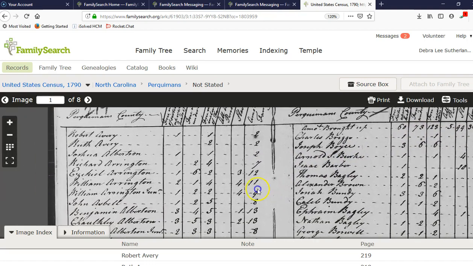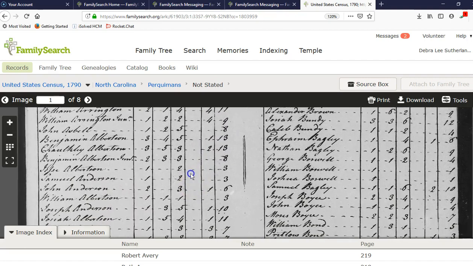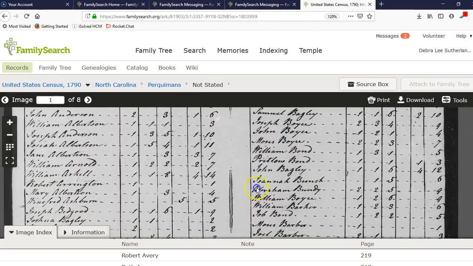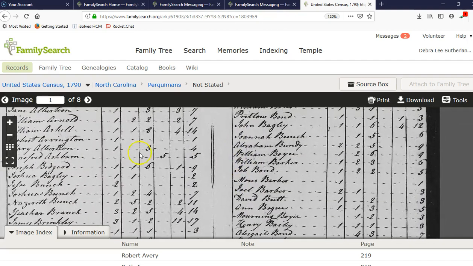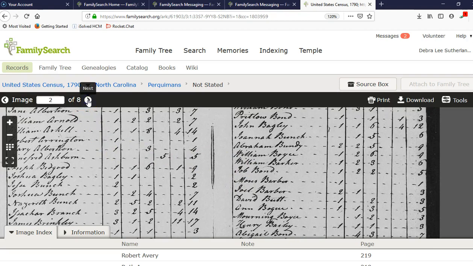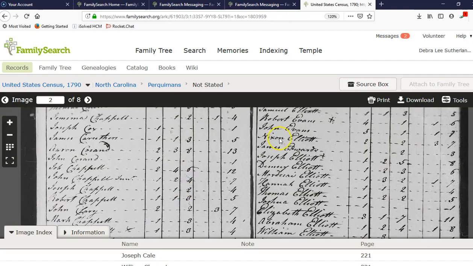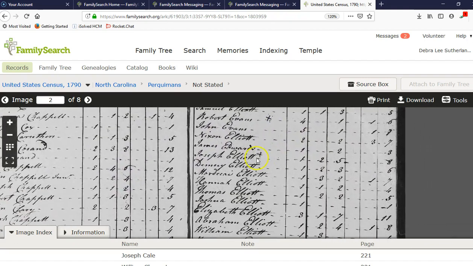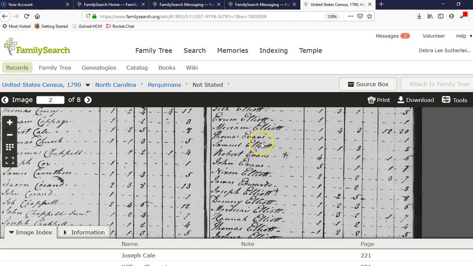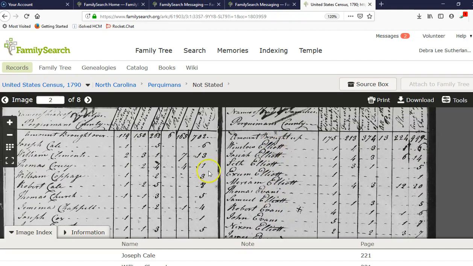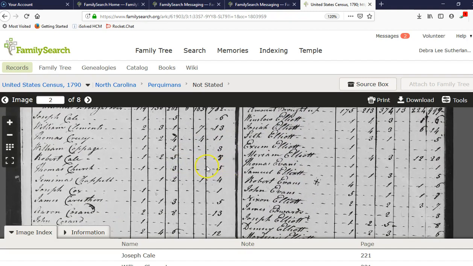I would just go in and fill in your spreadsheet with the information of the people that you find living near your ancestors. Now, sometimes this one here, these are all alphabetized. Elliot's is a name that we were using a lot in my research for Donegal.